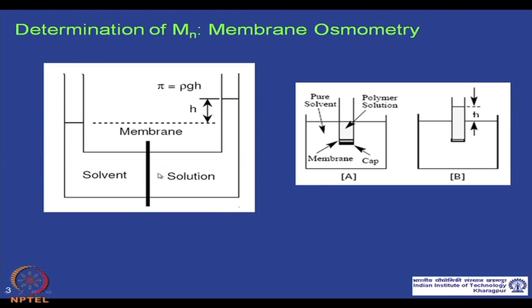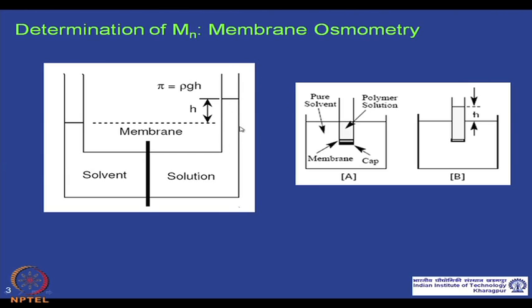Now, in this case an osmotic pressure difference arises between the two sides because of the chemical potential difference. The chemical potential of the solvent molecule on this side is higher than the chemical potential of the solvent on this side, which makes solvent move from the solvent side to the solution side, thus increasing the pressure.